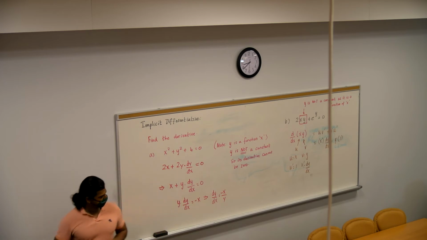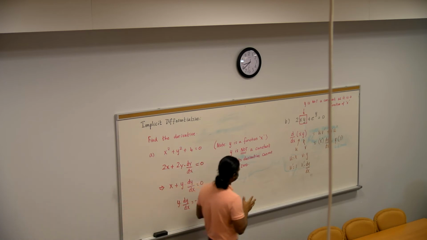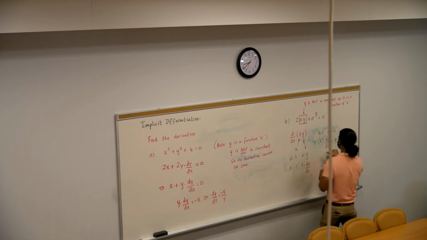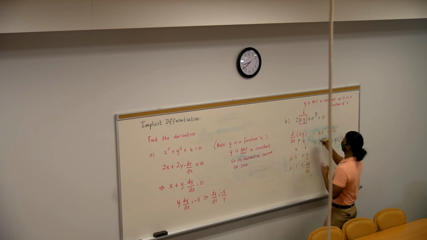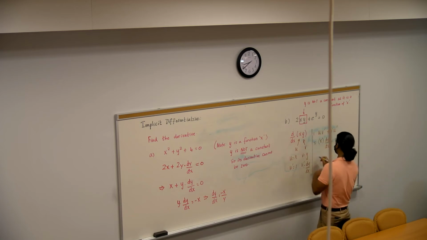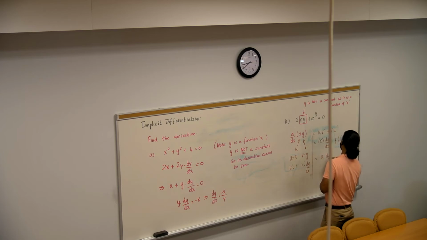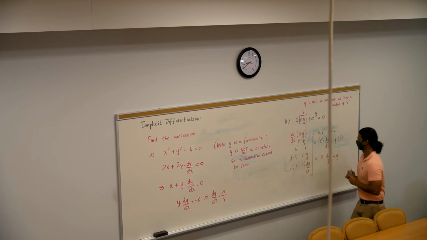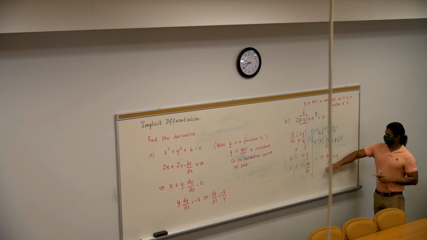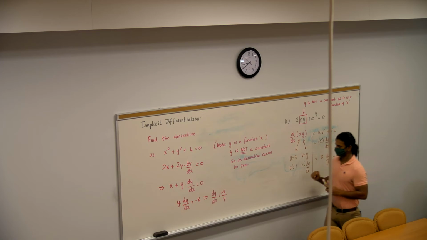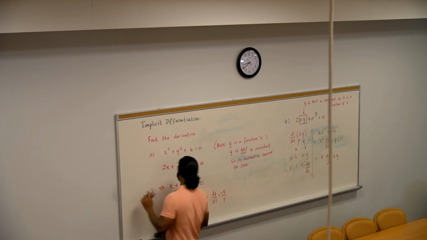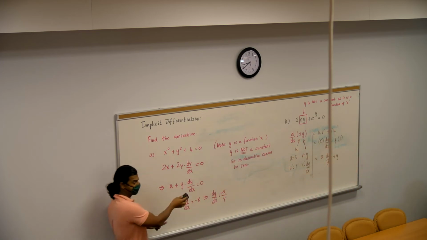So now that we have the derivative of xy, we can plug it back in there. So that is simply for the first part. I'm going to erase this side.